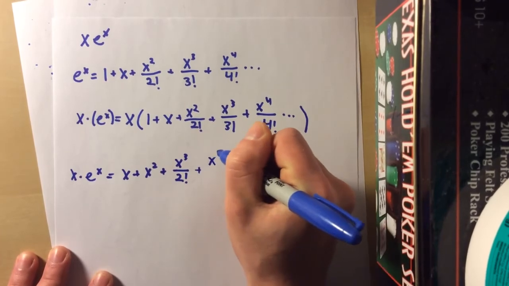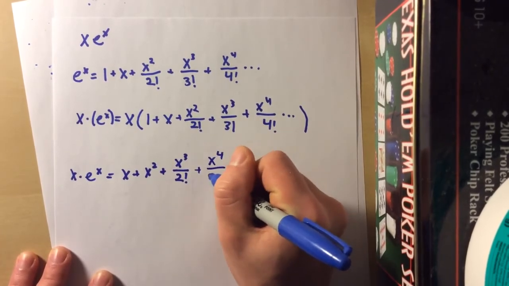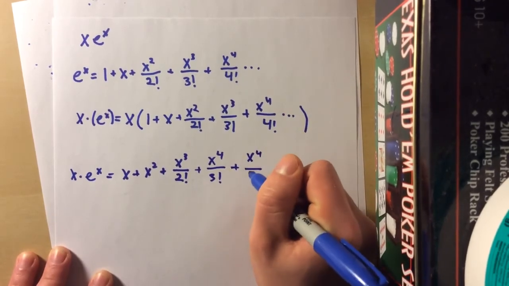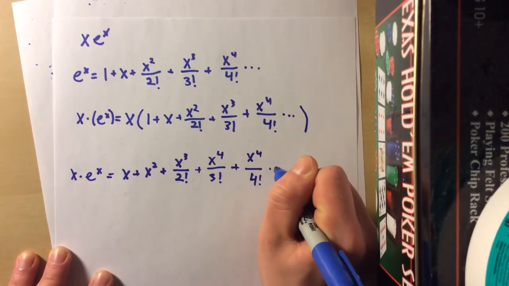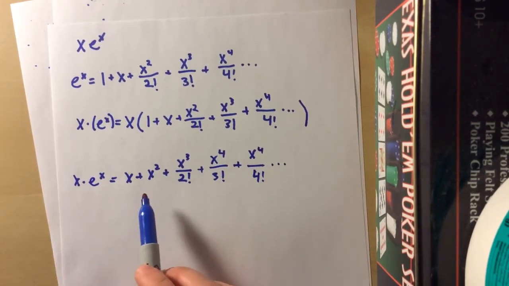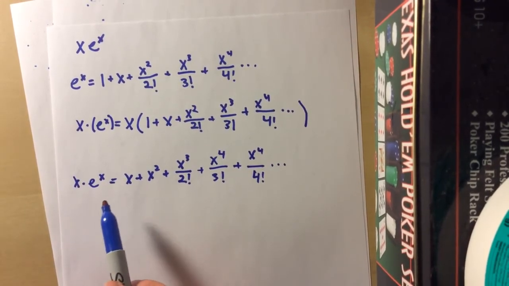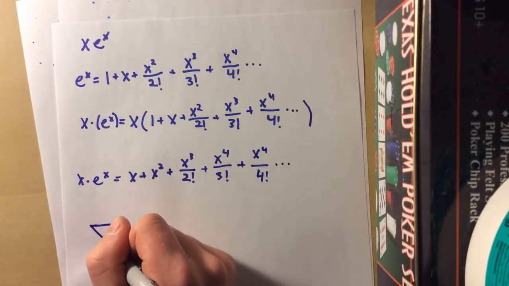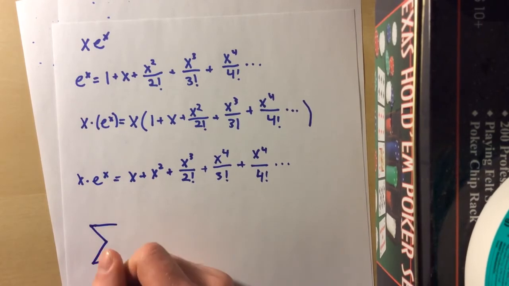You're just multiplying each one by x, so you're raising the power. And that's going to keep on going. So that's the expanded polynomial of x times e to the x, and now let's write that down with our summation notation as a series.